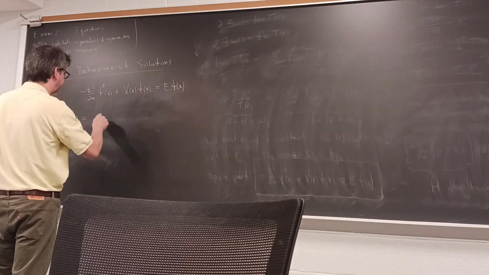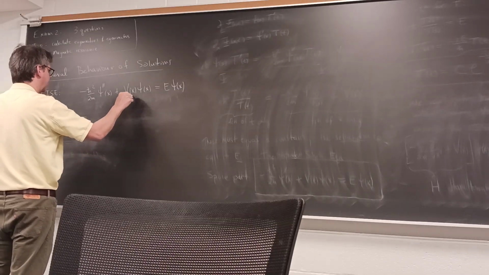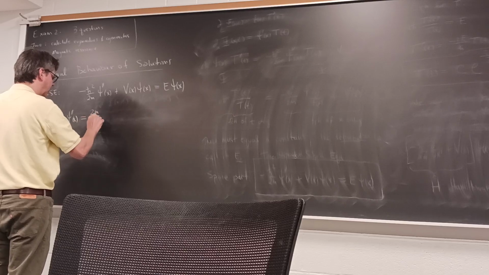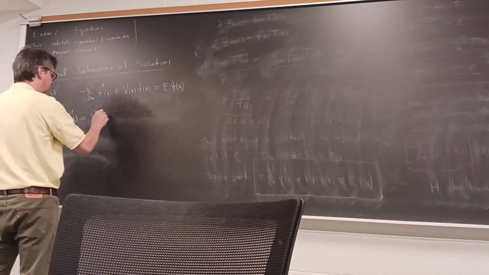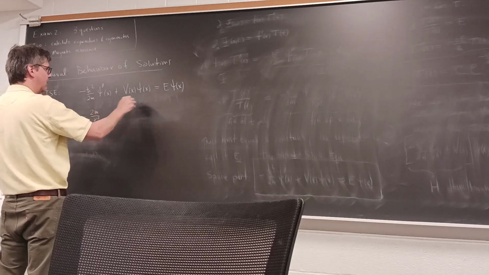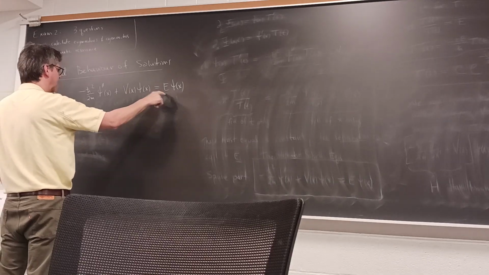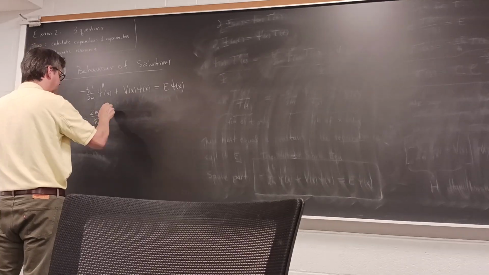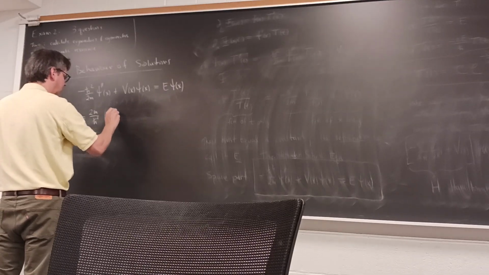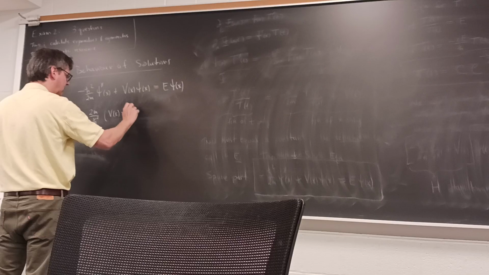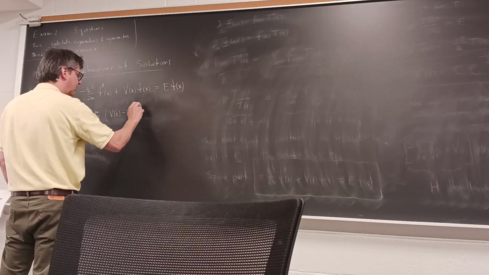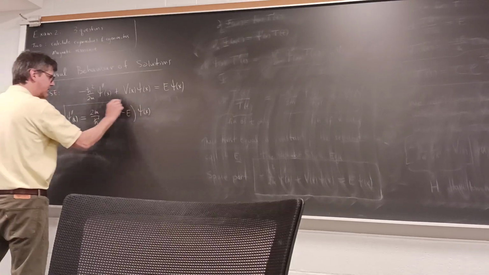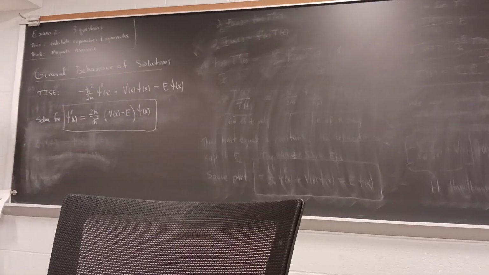I'll have 2m over h bar squared, and then this would be E minus V if I just brought this over, but then this minus sign will flip it, so it should be V minus E. Okay, so this is just writing the equation again.